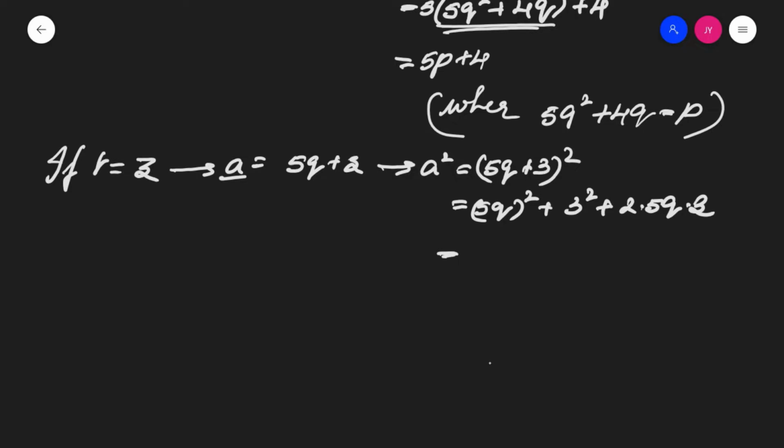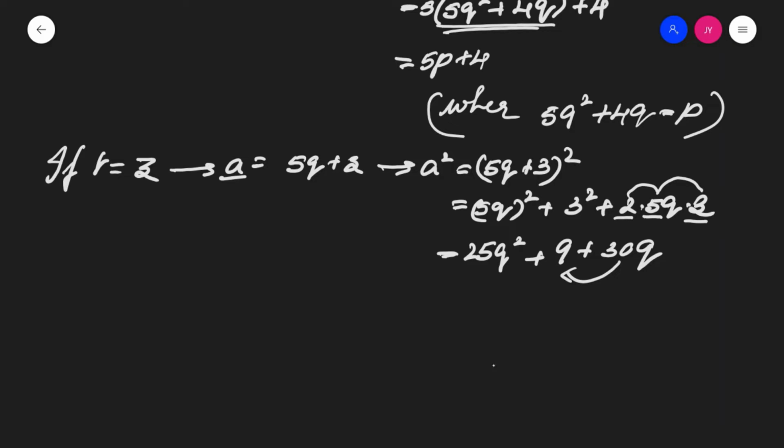What is 5q square? It is 25q square. We have discussed above. 3 square is 9, plus 2 into 5 into 3. 2 fives are 10, 10 threes are 30. So 30q here. So it is 25q square plus 9 plus 30q.